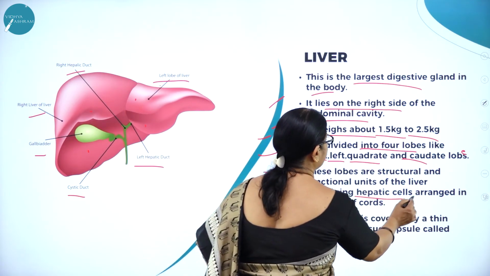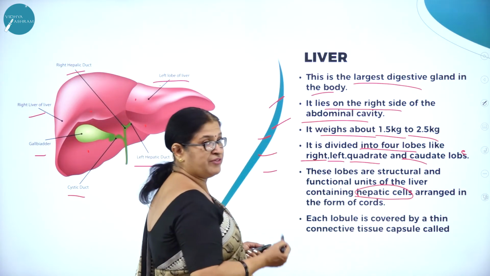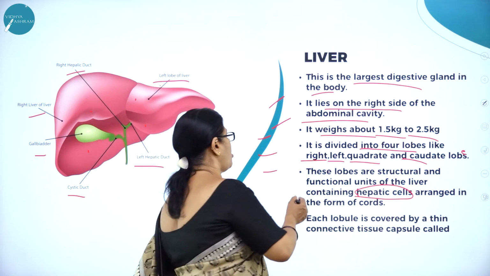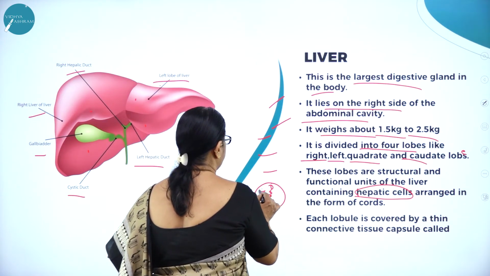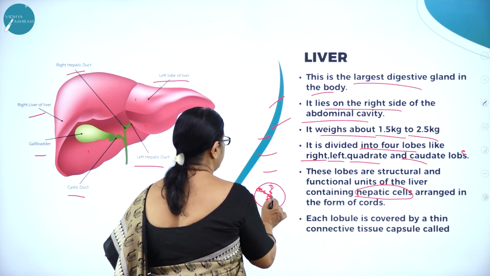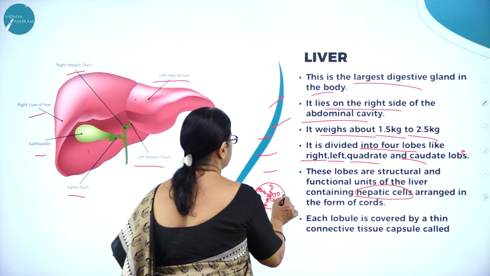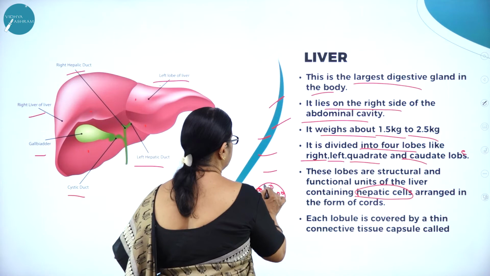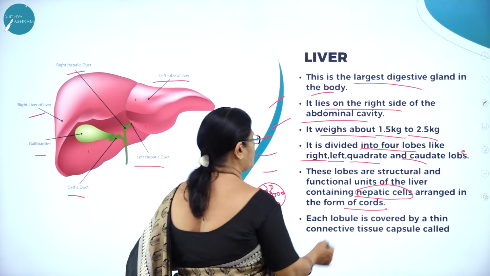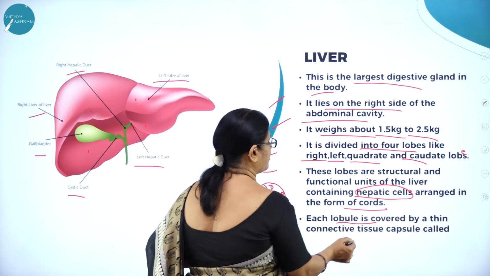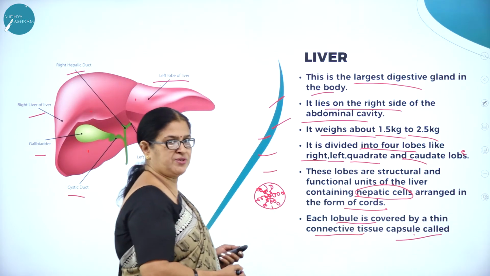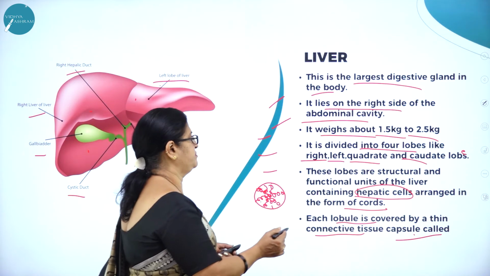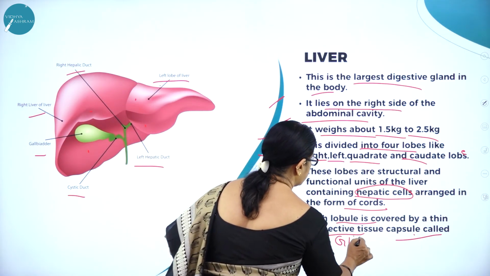So these lobes contain what? Hepatic cells, liver cells arranged in the form of cords, a cord-like structure. Then each lobule is covered by a thin connective tissue capsule called Glisson's capsule.